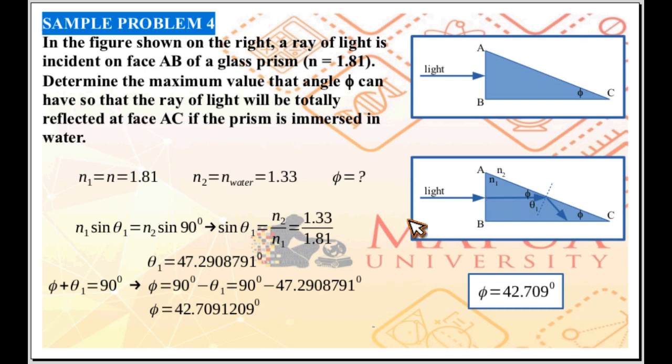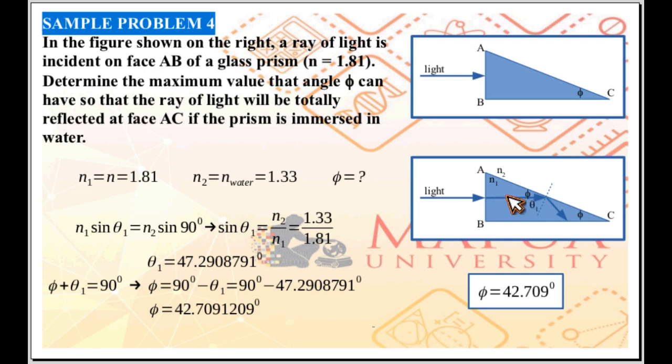Sine of 0 will give you 0. So which means the other sine theta will be equal to 0. Theta will be equal to 0. So the light ray incident on side AB, because the light ray is perpendicular to the side AB, the light ray will simply pass through the interface unchanged.